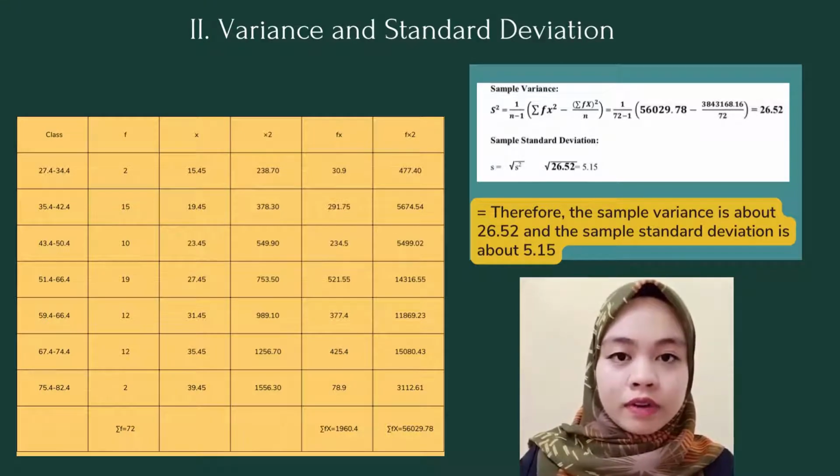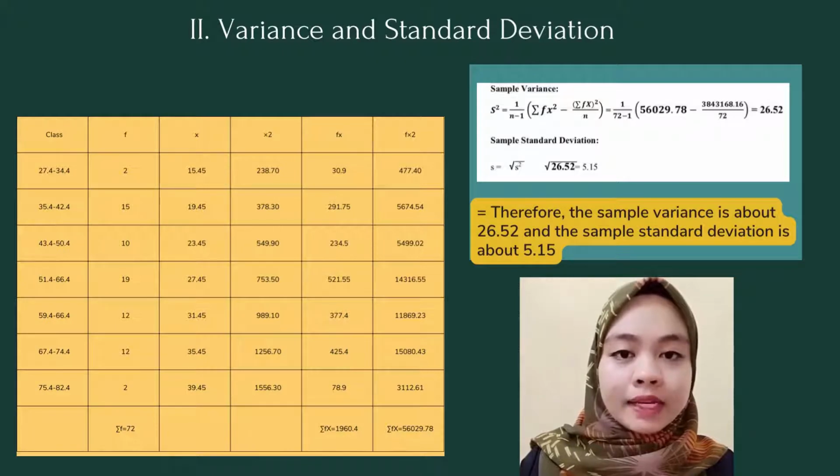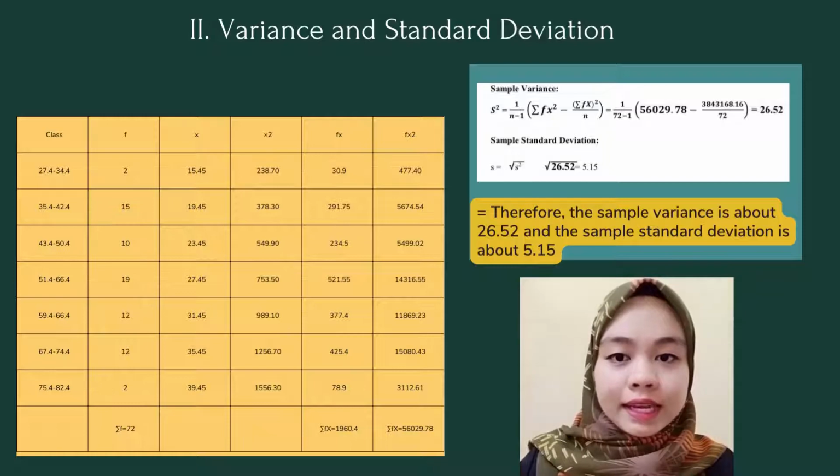So the variance equals 1 divided by 72 minus 1, open bracket, 56029.78 minus 3168.16 divided by 72, so we'll get 26.52.